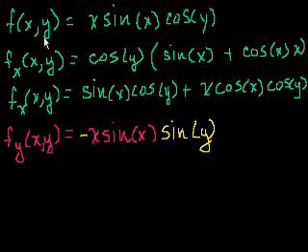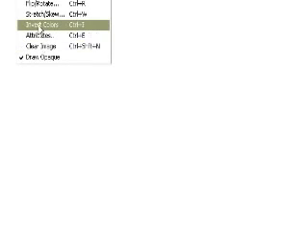Let's do another one. And actually, I'm going to add more variables, just so you get used to the different notation. Let's say that x is equal to a squared times, I don't know, a squared times b to the third times c to the 1/2 power.